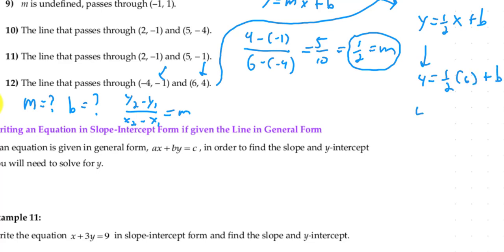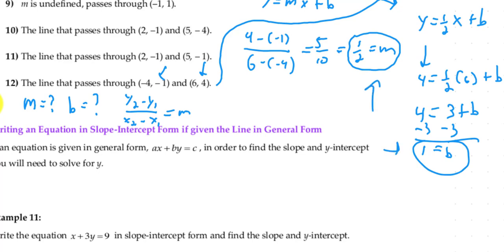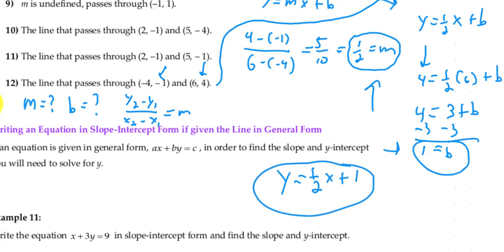So now I'm left with 4. What's half of 6? Half of 6 is 3 plus b. Subtract 3. You get 1 equals b. Okay, so if I know m and I know b, I can write y equals mx plus b. That's your answer for number 12.